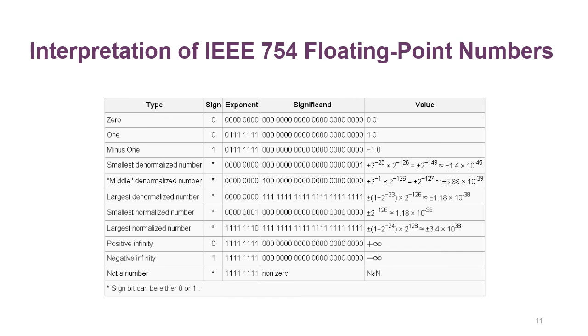For positive infinity or negative infinity, we have all zeros in the fraction part and all ones in the exponent field, and only the sign bit changes, 0 or 1, for positive or negative representation. Similarly, for not a number representation, we have all ones in the exponent field, and we have 0 or 1 in the sign field, and we have non-zero bits in the significand.